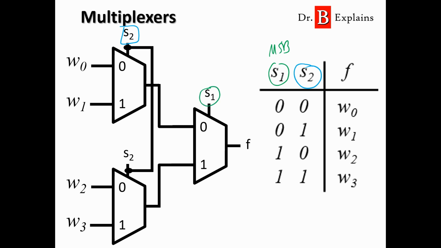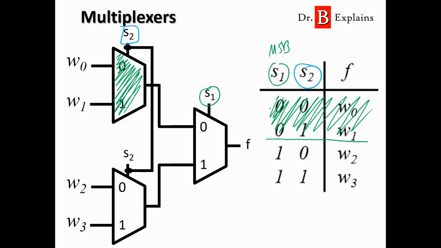So for example, if we have a 0 for S1, it's going to select the top part of the truth table, which is going to be this. I'm just going to mark it green. All of this is going to correspond to this top multiplexer, okay, and so on.